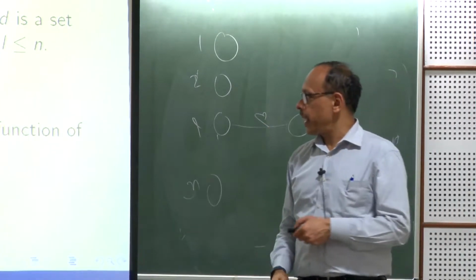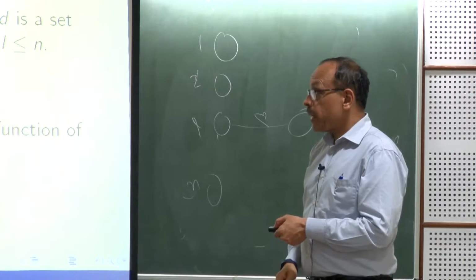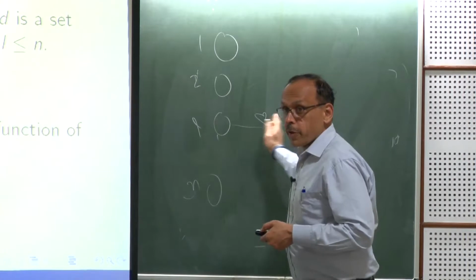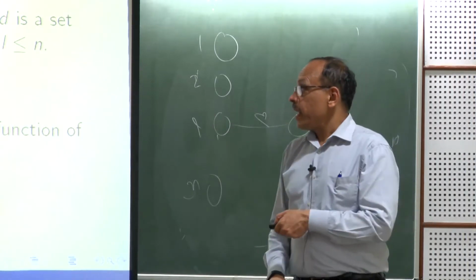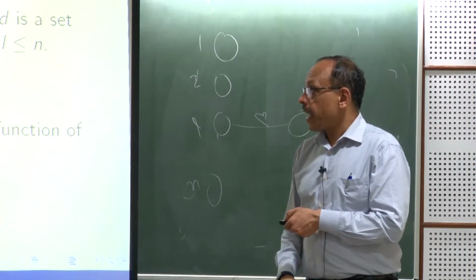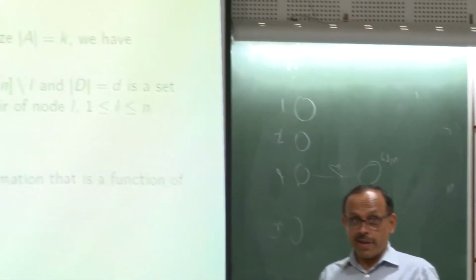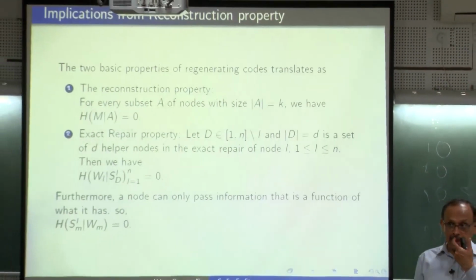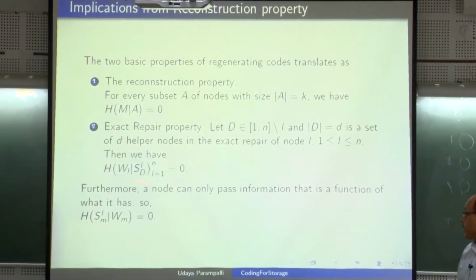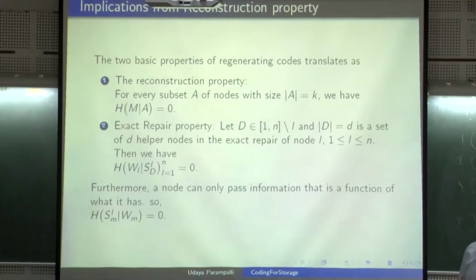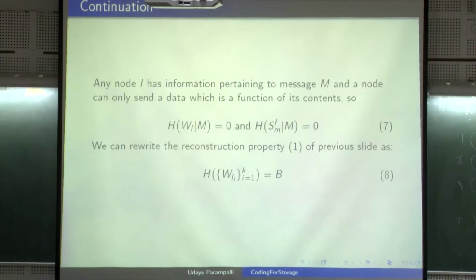So whatever SML is, the random variable for this particular content, it cannot have any more entropy than the node where it is sourced. So obviously H of SML given WM is 0. I only used basic things, nothing more.